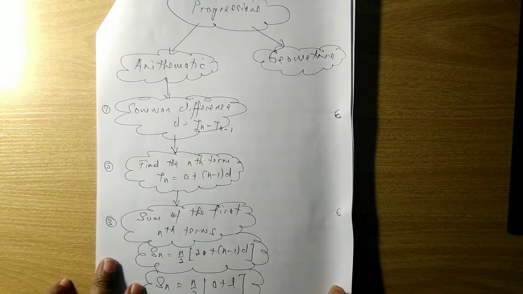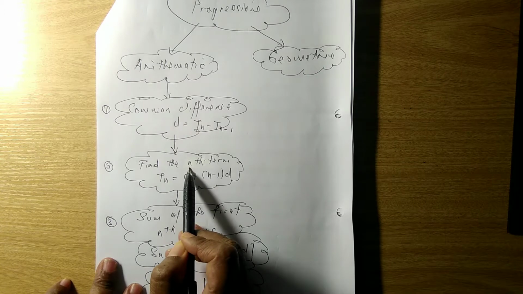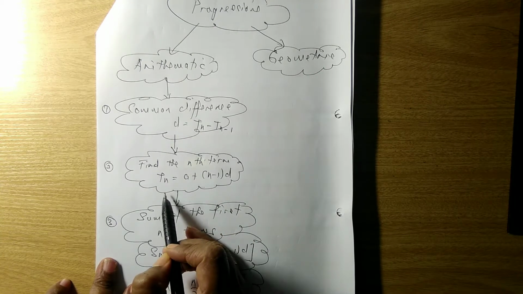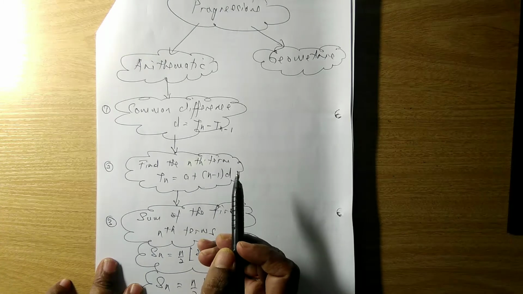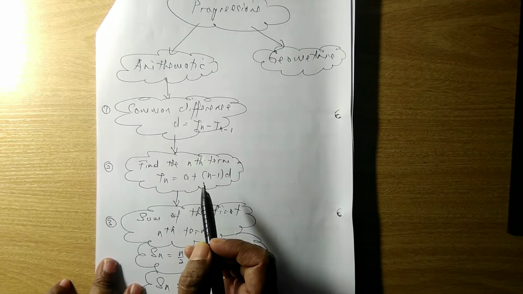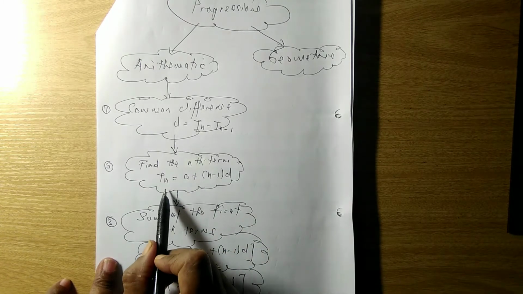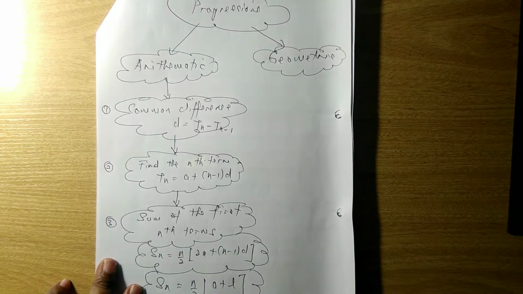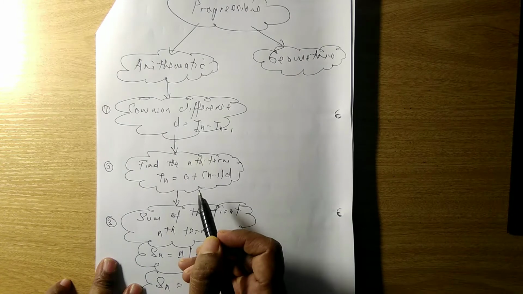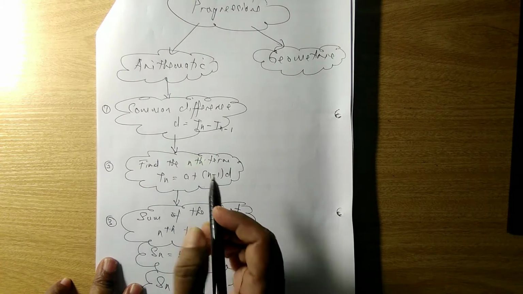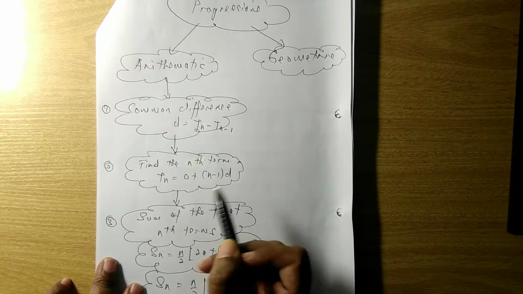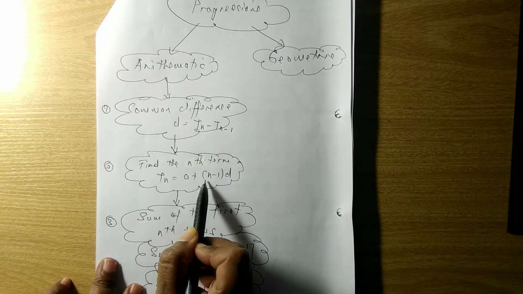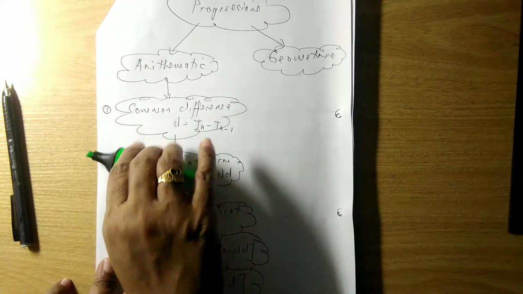Today we move on to the next part, which is to find the nth term in an arithmetic progression. There is a formula for it: Tn equals A plus (n minus 1)d.